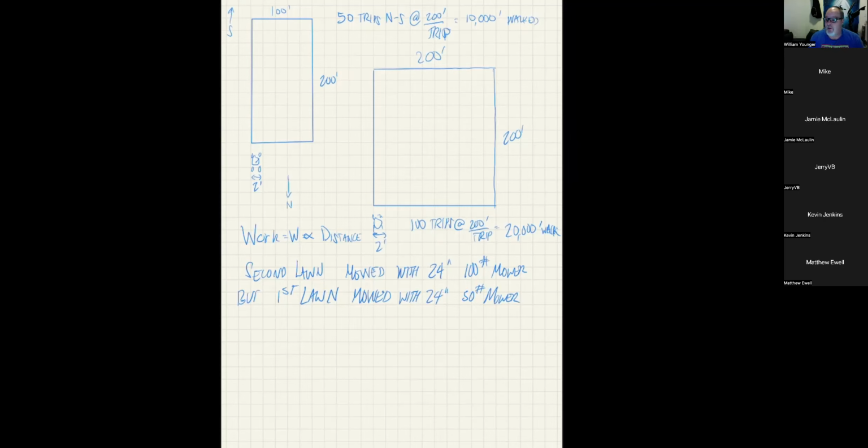And since the weight is twice as heavy, we now reach the conclusion that work should also be proportional to force. And that seems kind of reasonable, right? The more force you have to put into something, the more work you have to do.